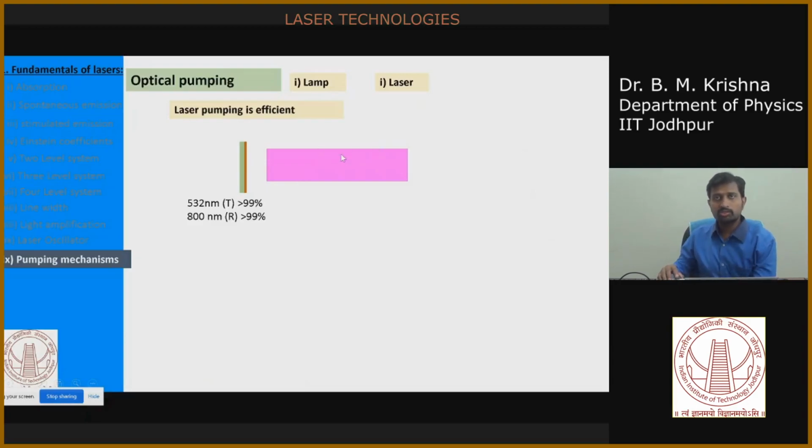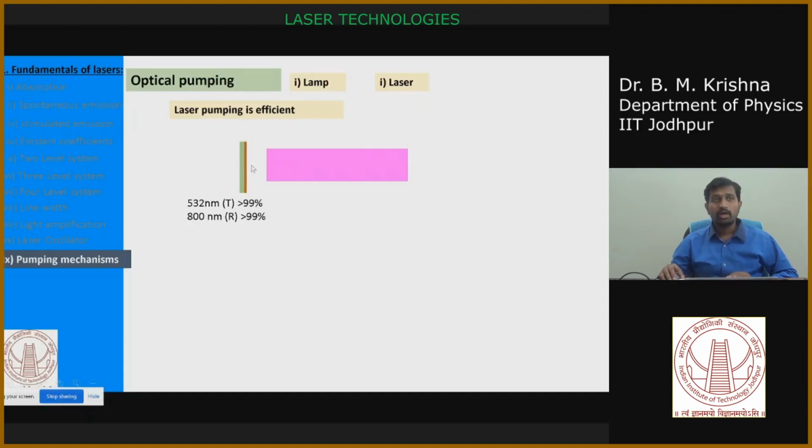My active medium emits at 800 nanometers, so I am choosing a laser system to emit at 800 nanometers. This mirror acts as a fully reflecting mirror, close to 100% reflecting for 800 nanometers.